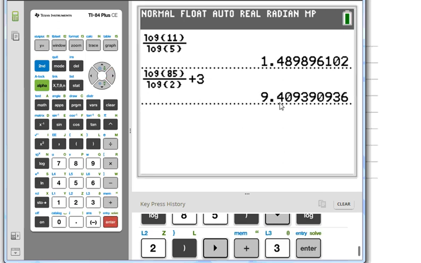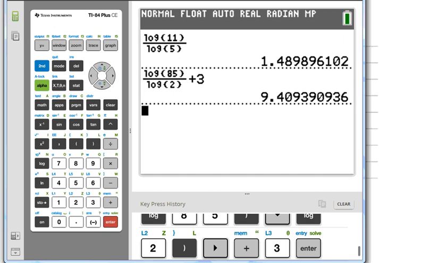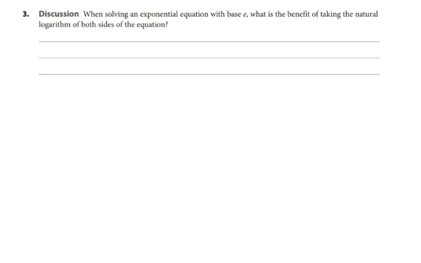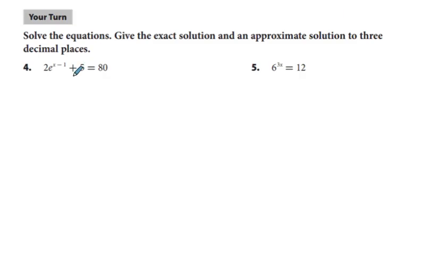So we get about 9.41. So that's how we would solve that one. Okay. Next you have a your turn example. I want you to see if you can just pause this video, see if you can work out this one on the left, and then I'll go ahead to see if you got it right.